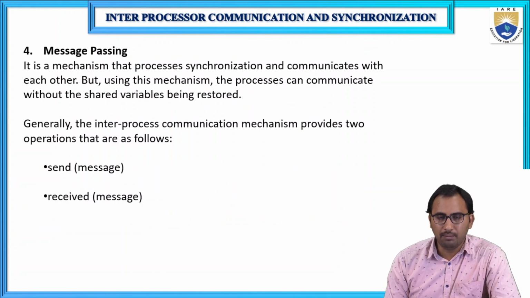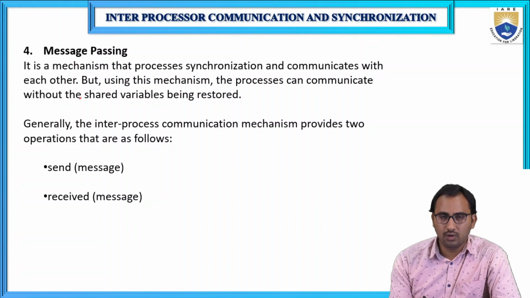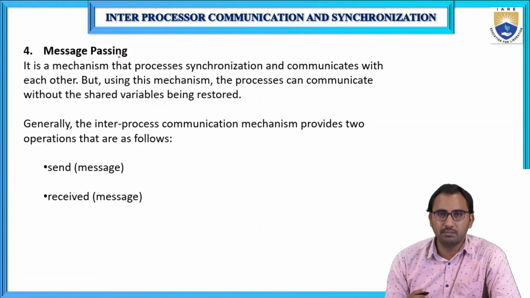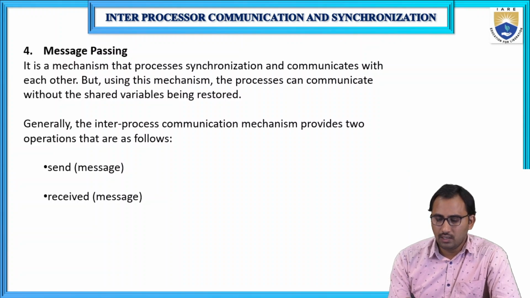Coming to the fourth type, that is message passing. It is a mechanism by which processes synchronize and communicate with each other. So what is message passing? Message passing is a mechanism by which processes synchronize and communicate with each other.